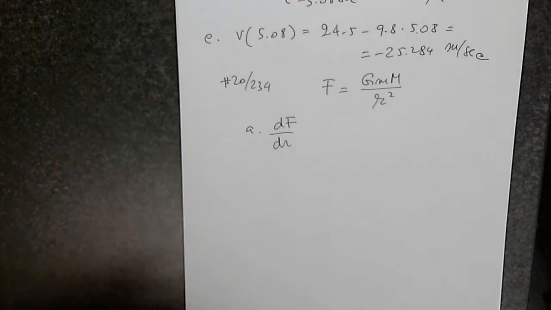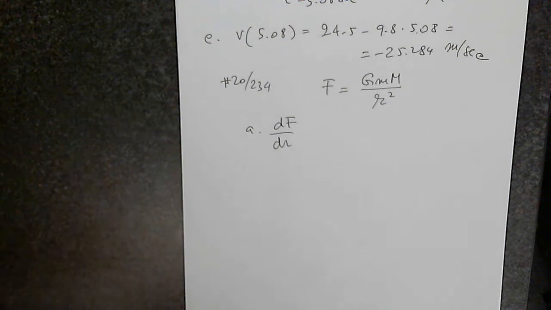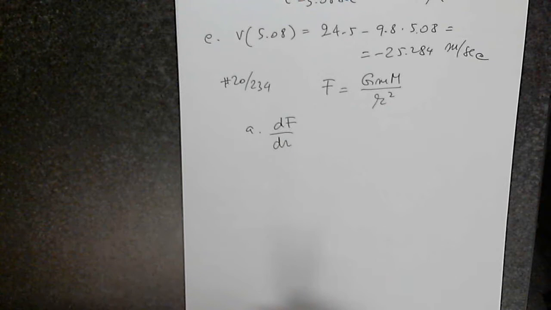Okay, when I'm asked to find dF over dr, what does that mean? It means that F is a function of only one variable, and that variable is r.